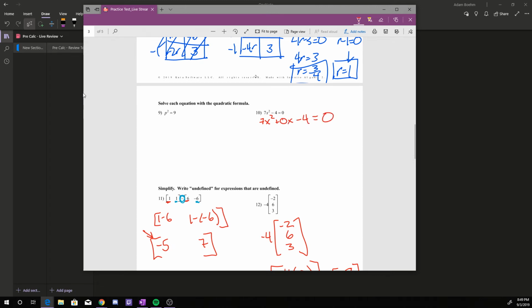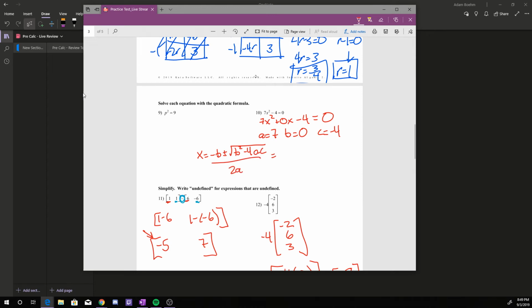So number 10, a is equal to 7, b is equal to 0, c is equal to -4. Our formula is x is equal to -b plus or minus the square root b squared minus 4 times a times c all over 2 times a.